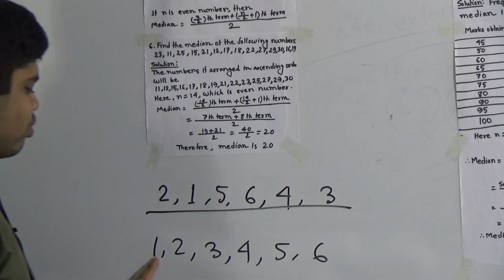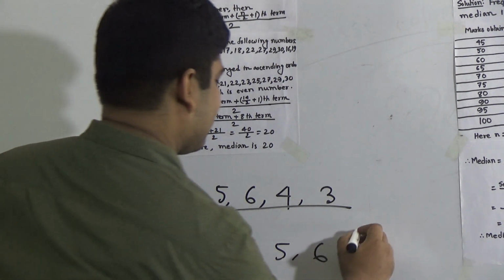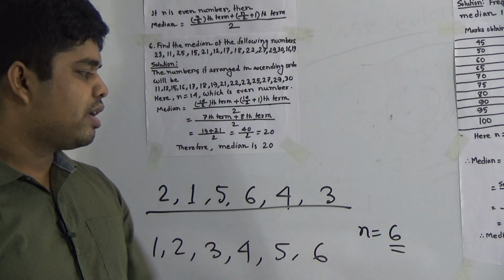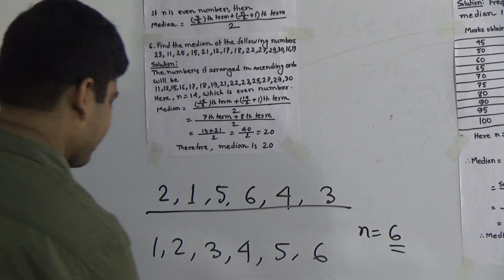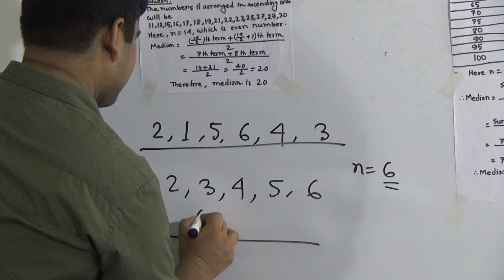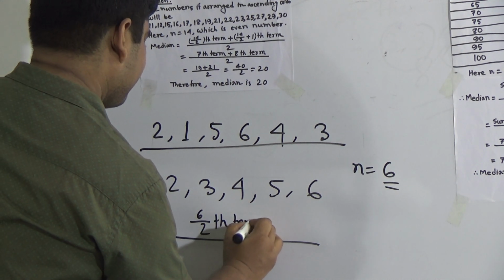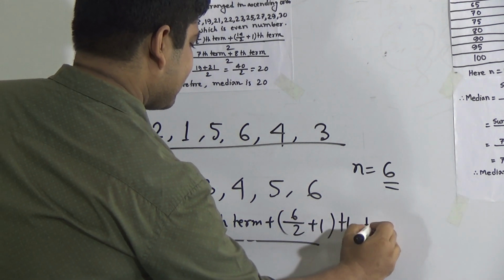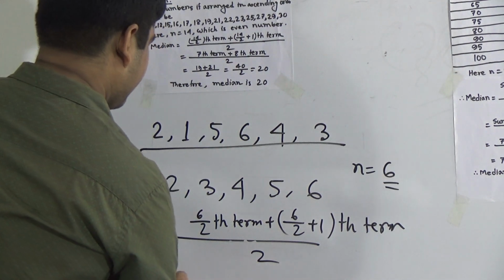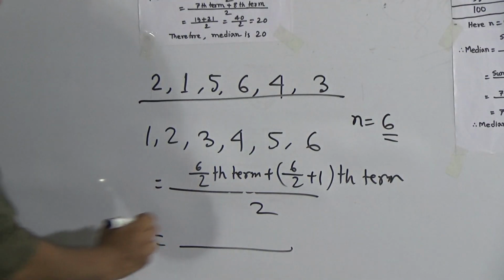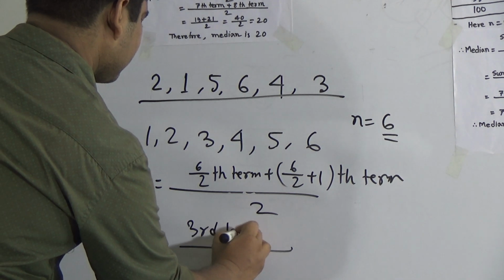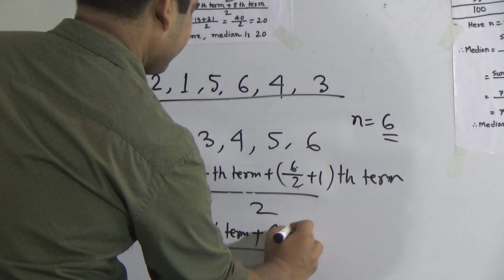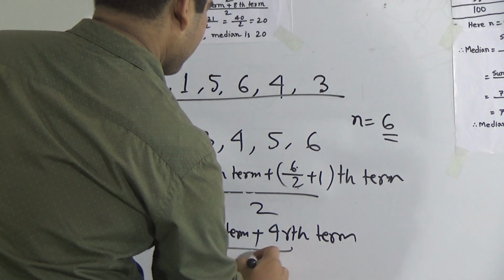So here, 1, 2, 3, 4, 5, 6, the total number of data n equals 6, which is an even number. As this is an even number, the formula will be (n by 2, that means 6 by 2) th term plus (6 by 2 plus 1) th term, divided by 2. Now 6 by 2 means the third term, plus 3 plus 1, that means the fourth term, by 2.